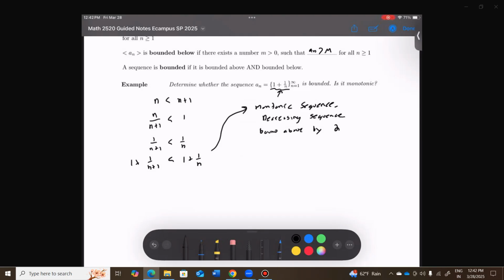When n equals 1, you get 2. Now, how low can it go? Well, 1 over n, when n goes off to infinity, you get 0. So the lowest you can go is 1. So it's bounded below by 1 when n goes to infinity. Okay, so it's a bounded sequence.